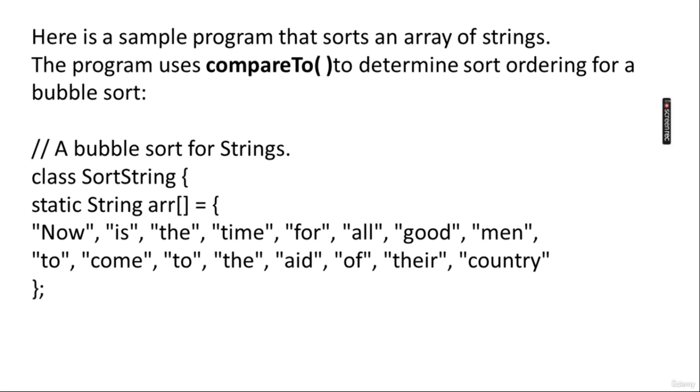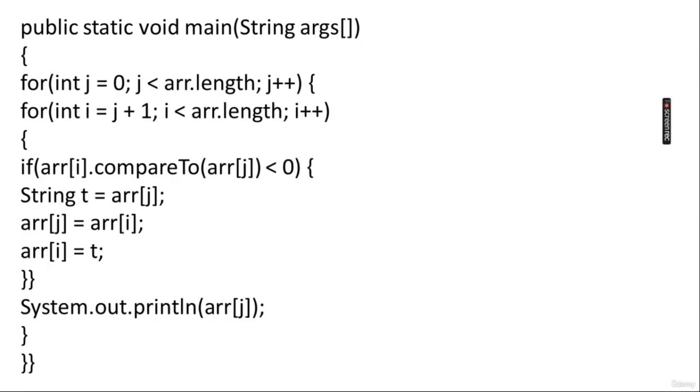"Now is the time for all good men to come to the aid of their country." This is the string array, and what we are going to do is compare and sort the strings in alphabetical order. So how to do it? For j equal to 0, j less than array length, j plus plus, and for i equal to j plus 1.